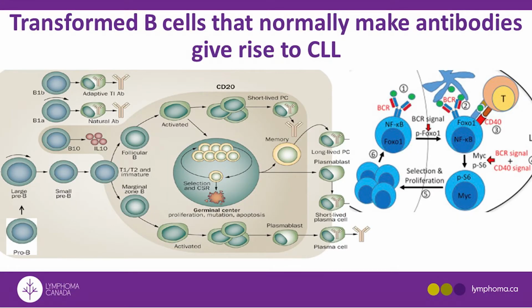So with that as a background, what's the cell of origin of CLL? How does CLL arise? So in CLL, the cells that are transformed are B cells. B cells are cells of the immune system which develop in the bone marrow and go out into the blood and then traffic through lymphoid organs called lymph nodes and spleen.